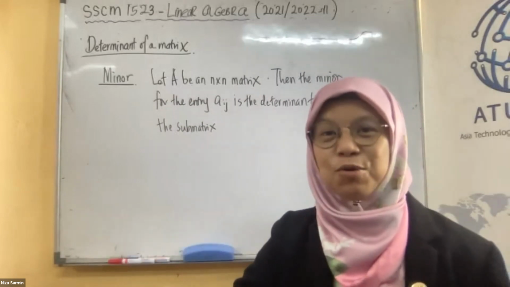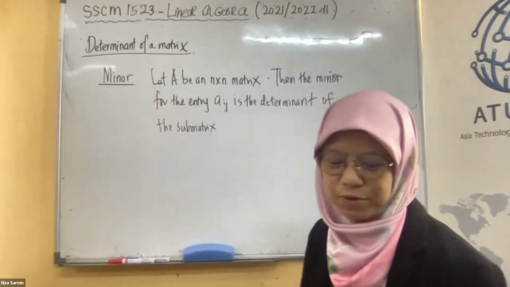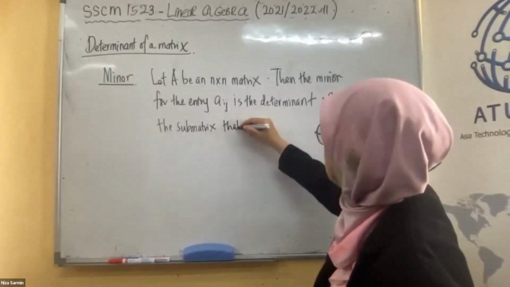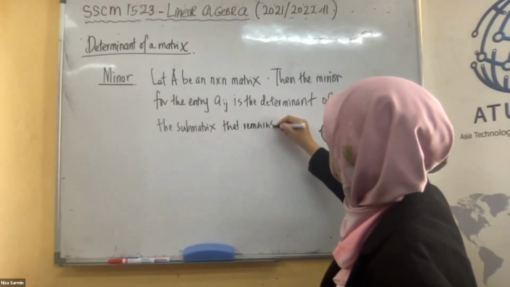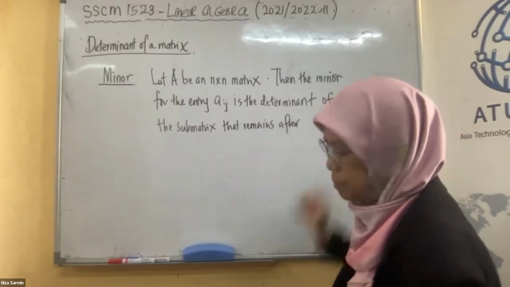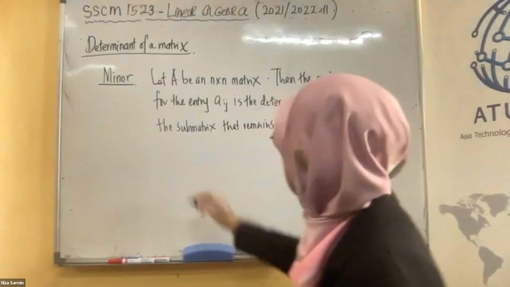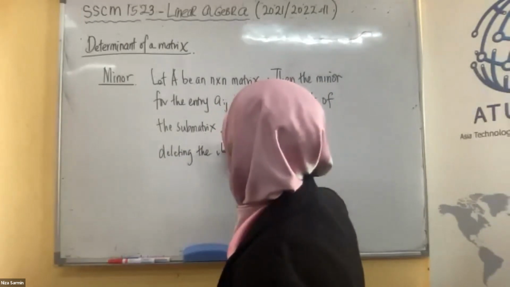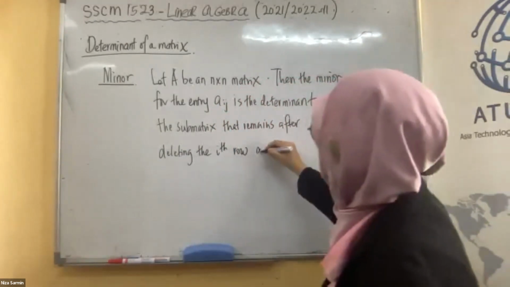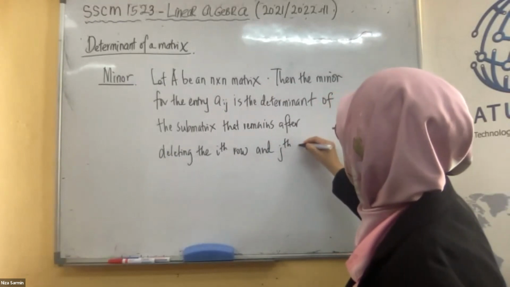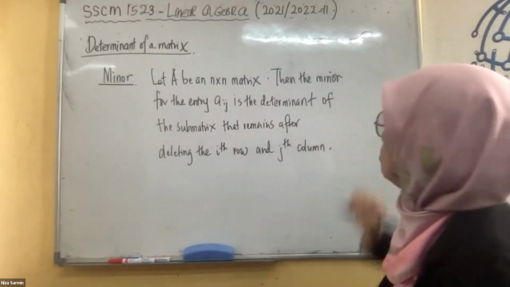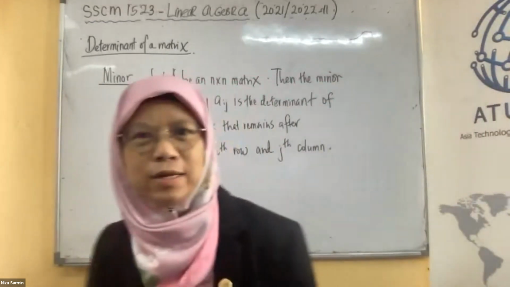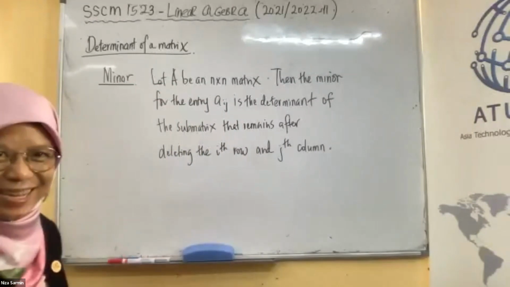By removing rows or columns, if you remember. That remains after deleting the ith row and jth column. Quite complicated to understand, but it's not that complicated.